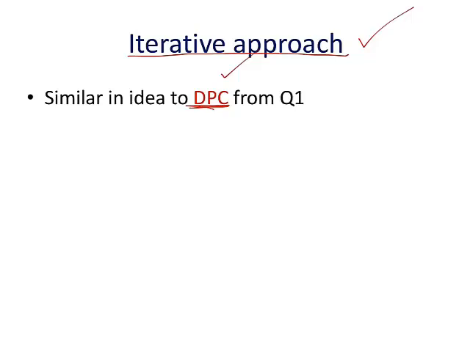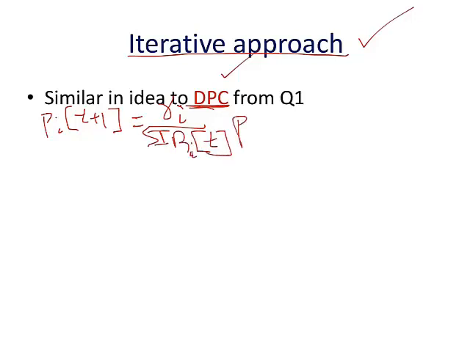If you remember DPC, we had the power level at time t plus 1 was equal to the SIR desired over the SIR at time t times the power level at time t. And we would iterate this over time.